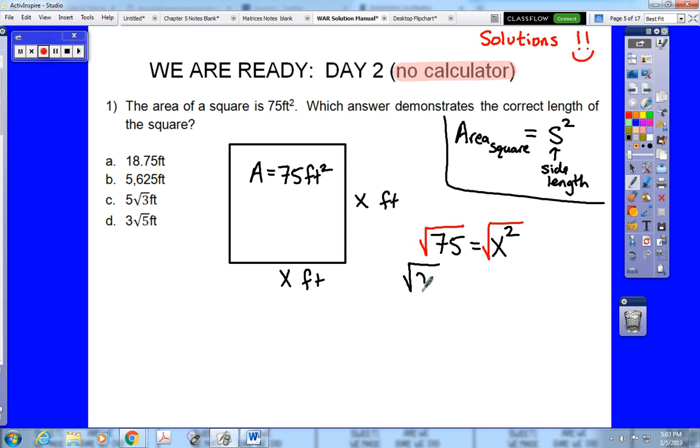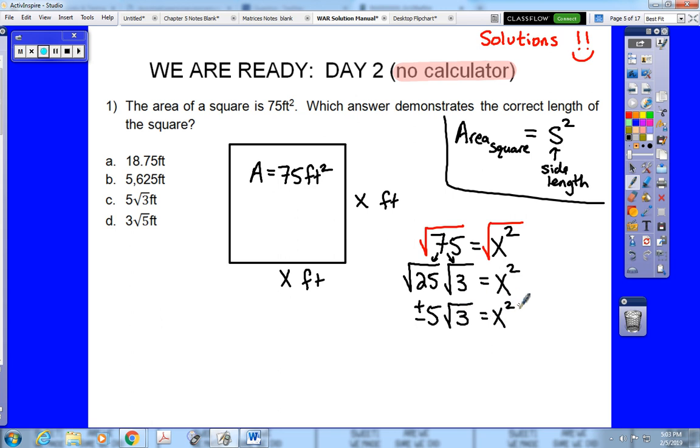But 75 is divisible by 25. It's 25 times 3. So we are going to break that square root into a square root of 25 and a square root of 3. The square root of 25 is either positive or negative 5. And square root of 3 does not reduce.